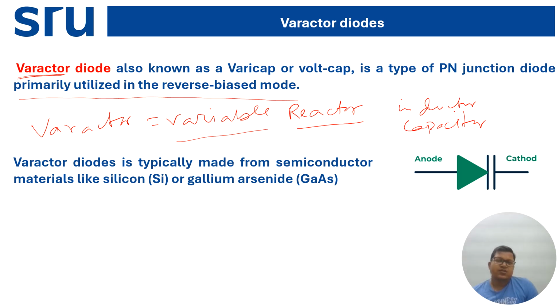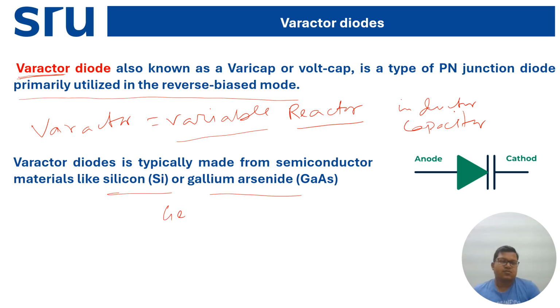This is nothing but a PN junction diode, but we design it specially for the particular purpose of reverse bias mode. This Varactor diode is typically made from semiconductor materials like silicon, gallium arsenide, and germanium.